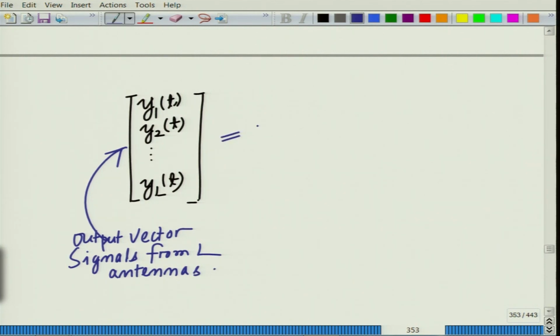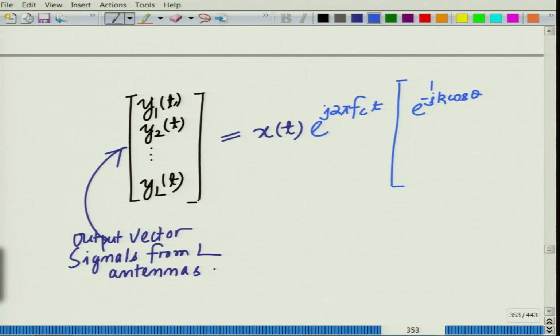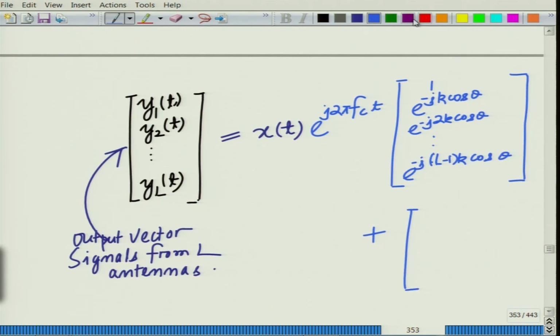This is equal to x(t) e^{j2πf_c t} times the vector of phases 1, e^{-jk cosθ}, e^{-j2k cosθ}, up to e^{-j(L-1)k cosθ}, plus the noise vector, which is the usual n1(t), n2(t) up to nL(t), the noise samples for the different antennas.